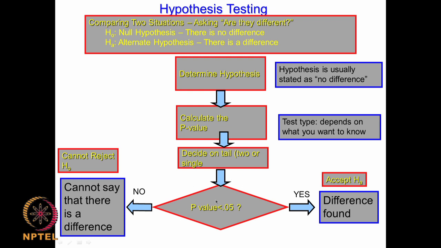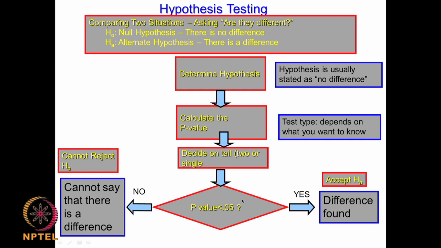Then you decide on the p value. Am I looking at a 95% confidence interval or a 99% confidence interval? For 95%, p will be less than 0.05; for 99%, p will be less than 0.01. So, I do that calculation, and then either p is less than 0.05 or p is not different.